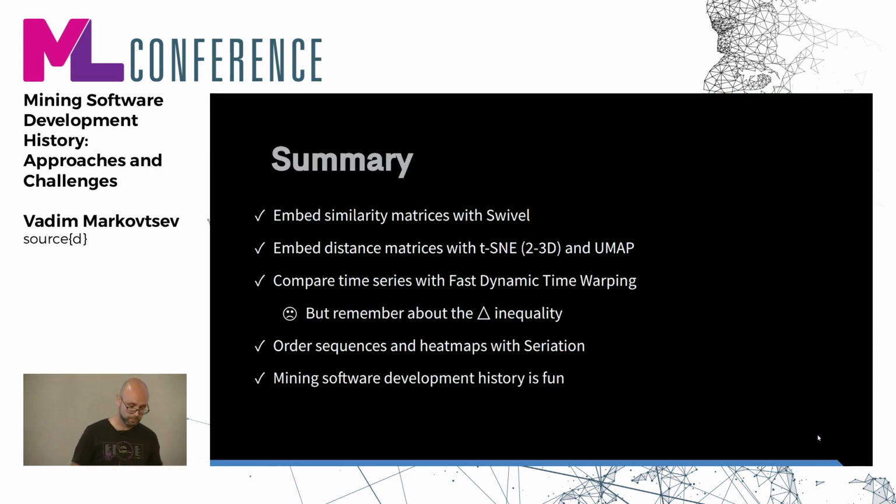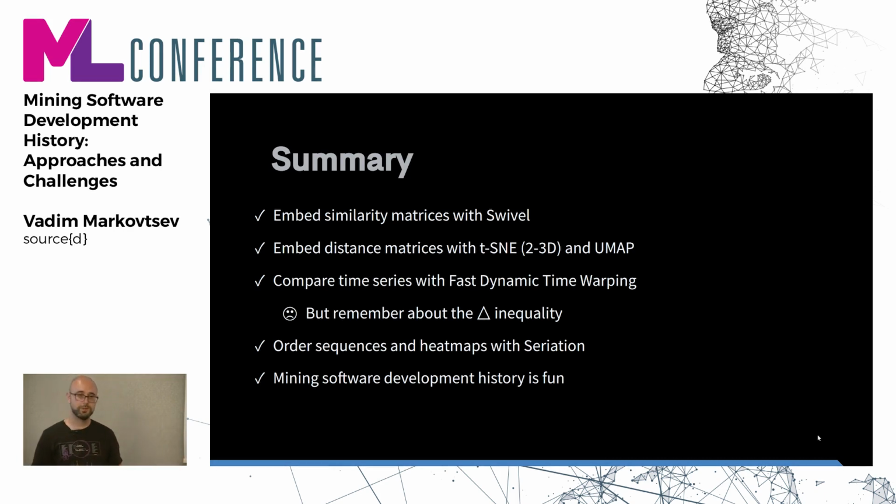To summarize, if you want to do something with similarity matrices, occurrence matrix is one case of the similarity matrix. You can apply Swivel or GloVe or any other algorithm to embed it, and embeddings will provide you rich insights.